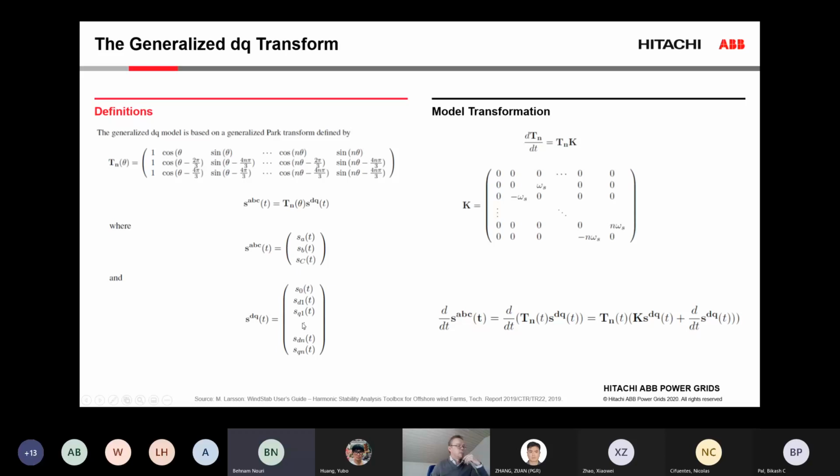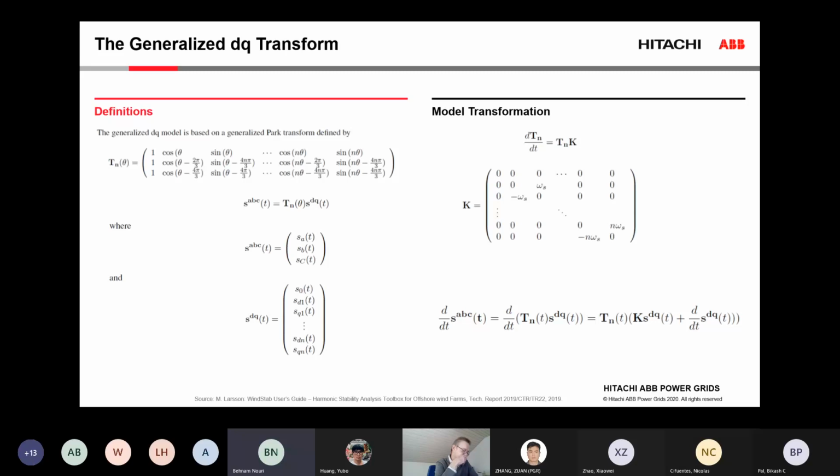Sorry, my question was that, for example, if you're taking the second order harmonic and you transform the ABC values, there will be one DC component dedicated to the second order harmonic, and the rest, even the fundamental, will be oscillating components in that transformation.